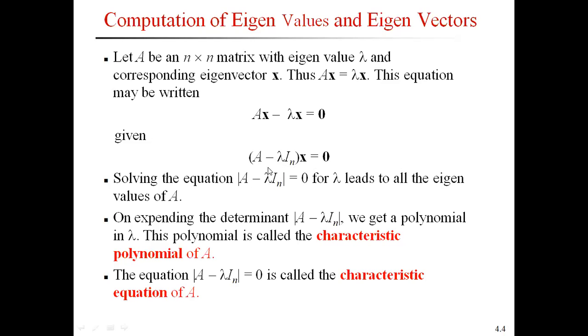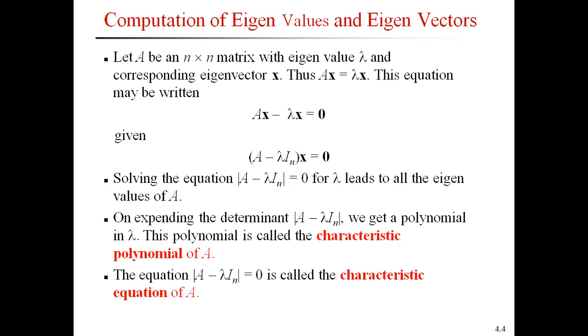Solving the equation, taking the determinant of the matrix A minus lambda I n equal to 0, leads to finding all the eigenvalues of A. That means finding the values of lambda.